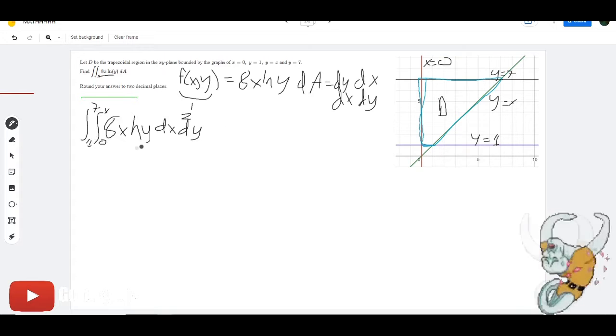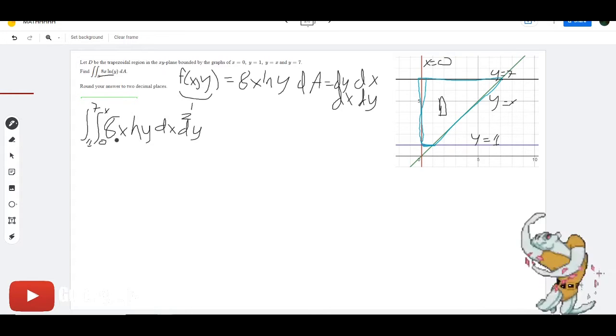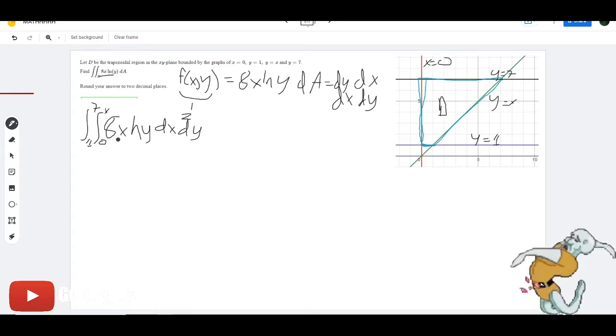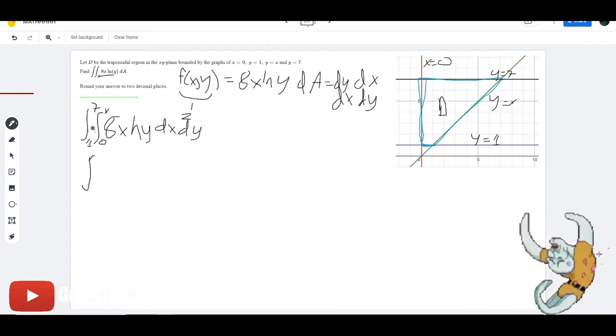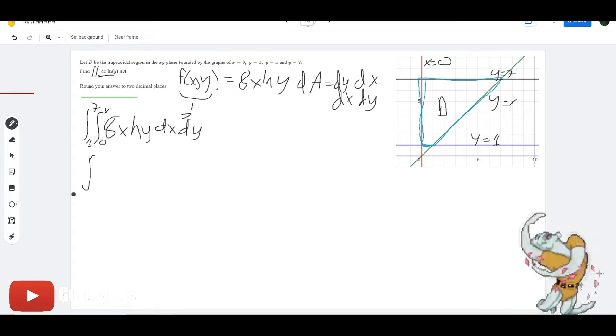So first, how do we integrate with respect to x when there's a y in there? Well, we just treat the y as a constant. Don't get scared by the double integral. All you have to do is ignore the outer one until you're done with the first one.